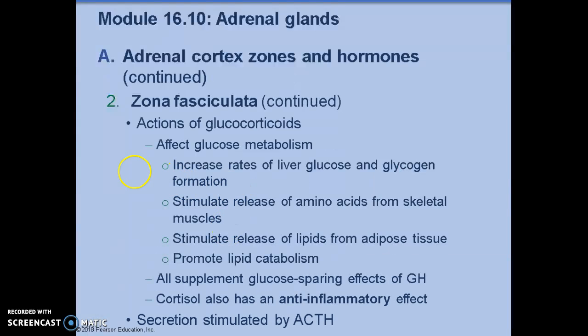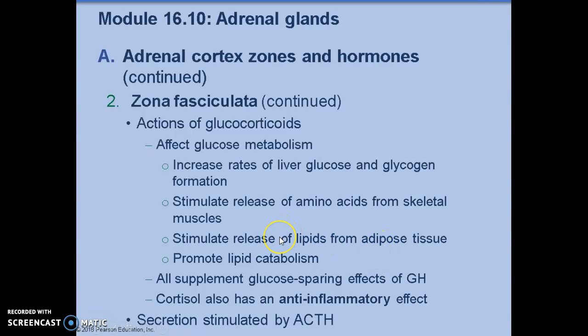And the glucocorticoids, gluco, as in glucose, affect glucose metabolism. They increase rates of liver glucose and glycogen formation, stimulate release of amino acids from skeletal muscles, promote lipid catabolism, and stimulate release of lipids from adipose tissue.